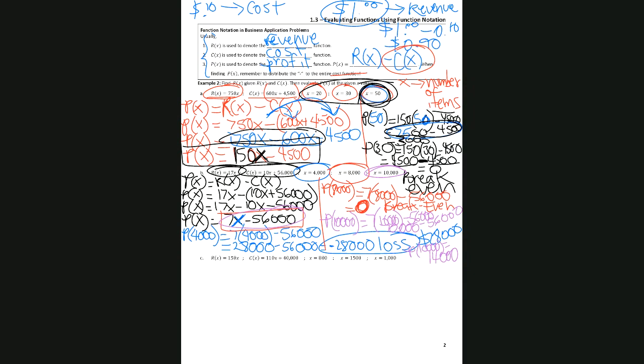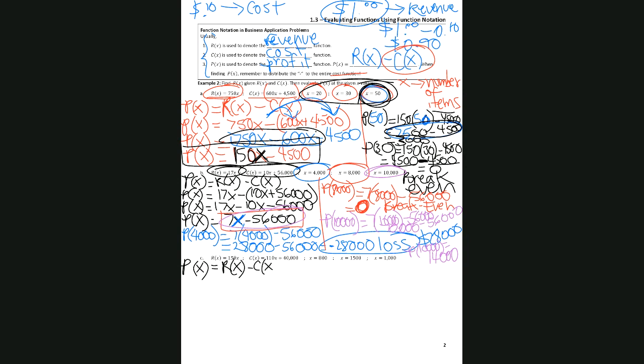And we're going to do the same thing first. We're going to find the revenue function. So revenue is the, I'm sorry, not the revenue, the profit function. And that's going to equal to the revenue function minus the cost function.